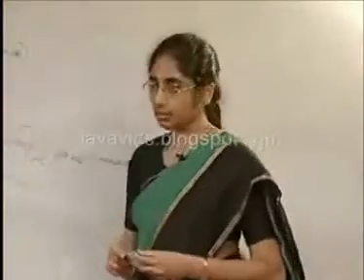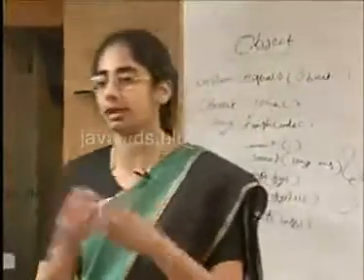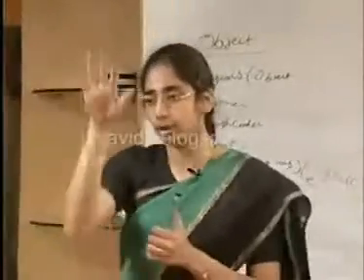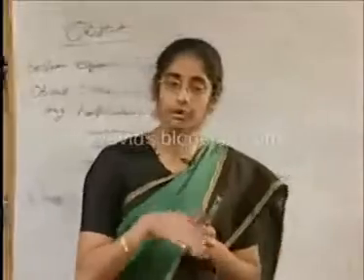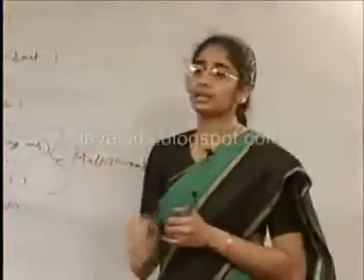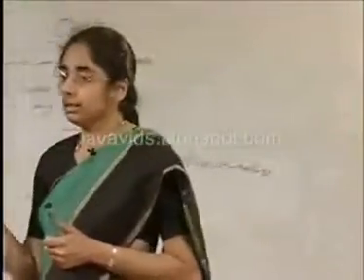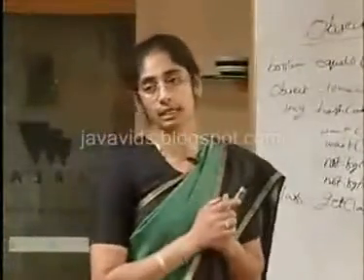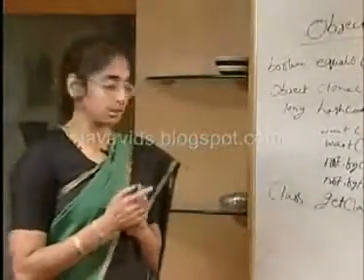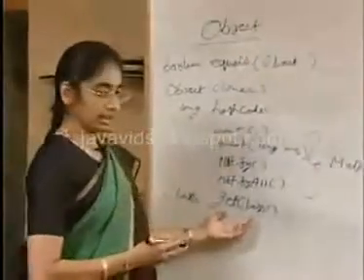Now what do I mean by a reflection? What do you see when you take a reflection of yourself? You see yourself, right? So similarly, you want to find out what is there in the class that has been defined. Then you need to get the Class object for the class whose definition you want to find out. So getClass is a method which returns a Class object.